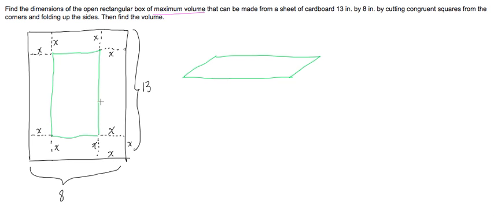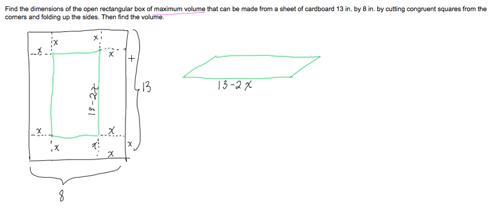So this length would be 13 minus, if I can write sideways here, 13 minus x that we cut away, so minus 2x. That corresponds to that right there, 13 minus 2x.